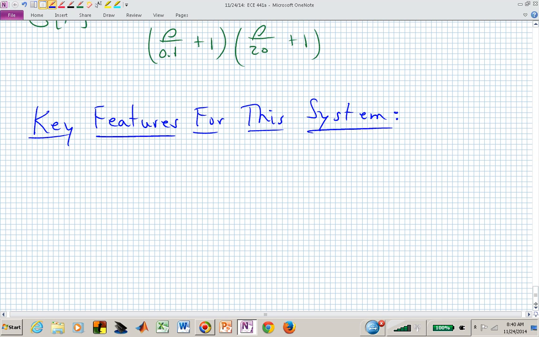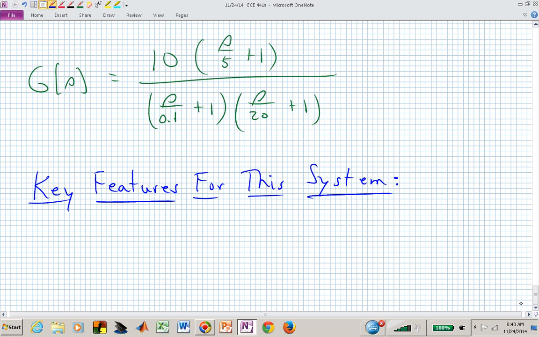One thing that you can see from this is I do not have any poles or zeros at the origin, do I? I don't have any s in isolation. For this particular system, I have no poles or zeros at the origin. I just have linear factors.